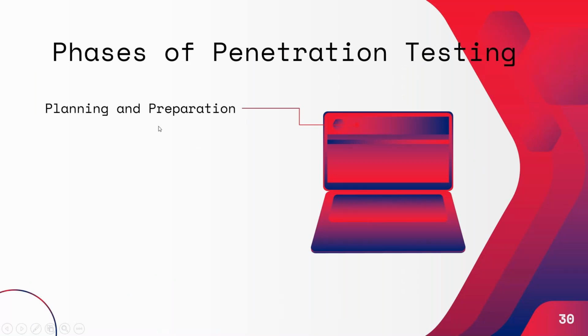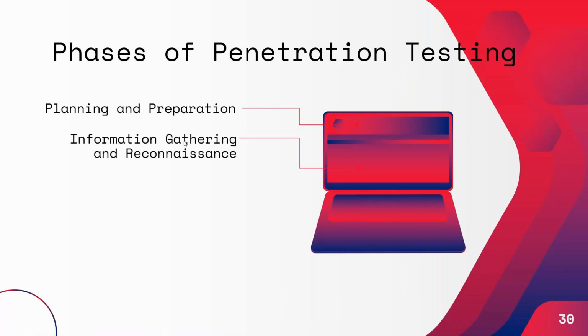This is the first phase, and then we have the information gathering and reconnaissance. It's like gathering the information about the target, and then we do the vulnerability identification, right? As a pen tester, this is very, very important.